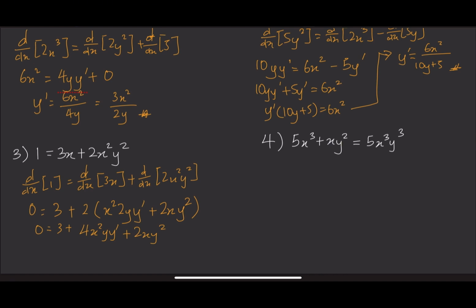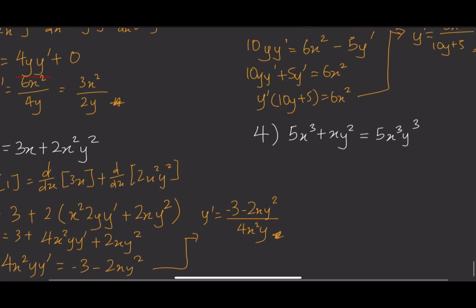Bring all the non-y prime to the other side, so you get 4x squared y prime equals negative 3 minus 2xy squared. And then you can always bring it over, so what you get is y prime equals negative 3 minus 2xy squared over 4x squared y, and that is your answer.